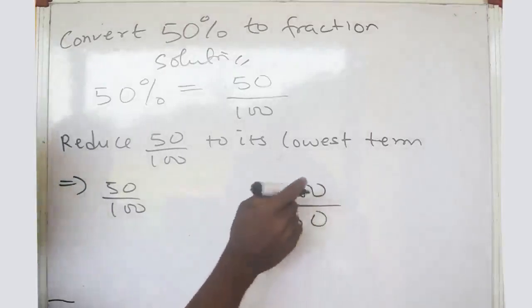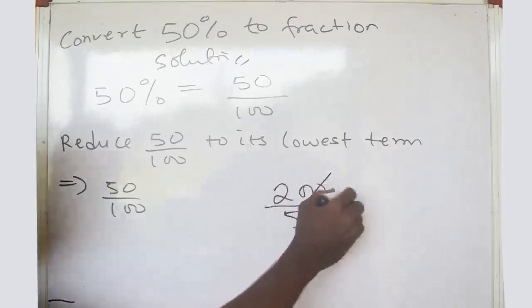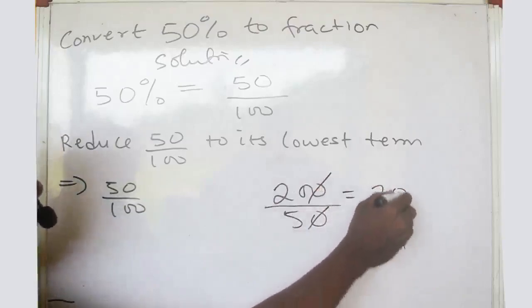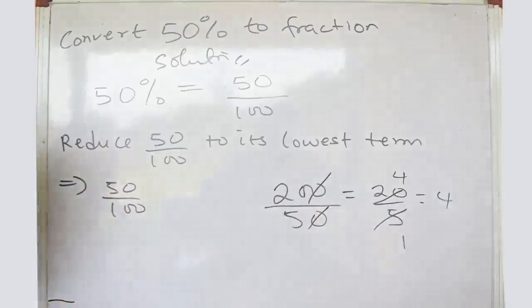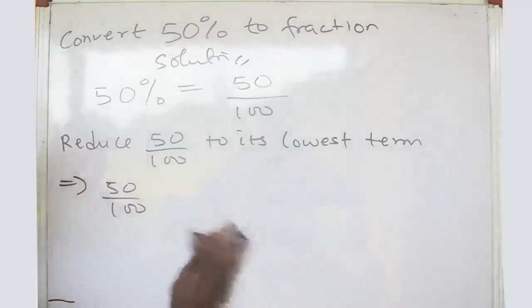So long as you are not seeing any decimal points, cancel with zeros. This 0 will cancel the 0. So what is left will be 20 all over what? 5. This 25 can divide this to give you 4. So 200 divided by 50 is 4. So you don't need to kill yourself, say this is a very big thing. There's nothing big about it.